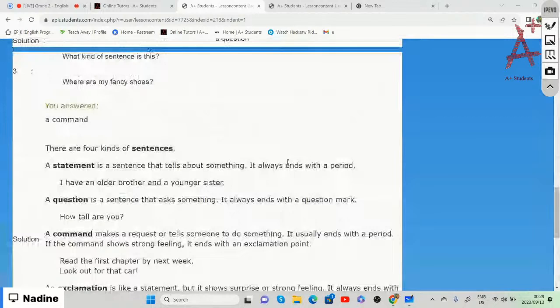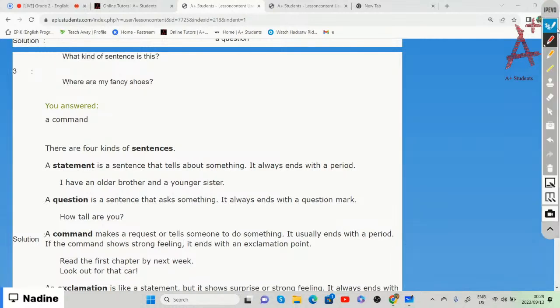Where are my fancy shoes? We need to say what kind of sentence this is. It ends with a question mark. If it ends with a question mark, then it asks something, and if it asks something, then this is a question.